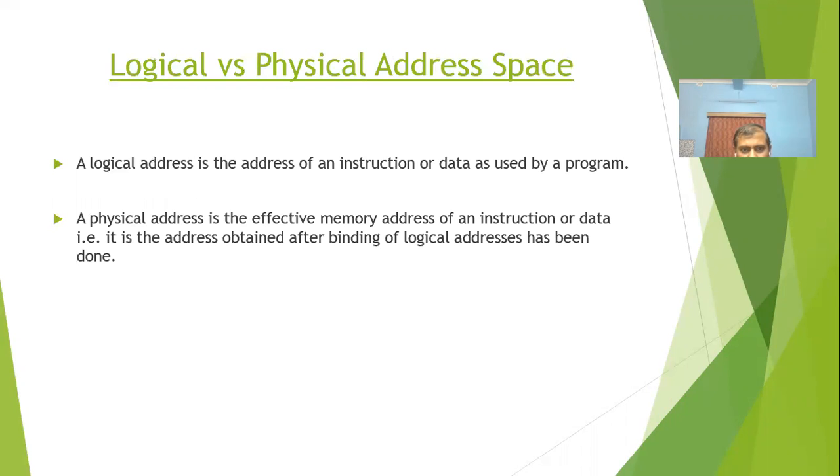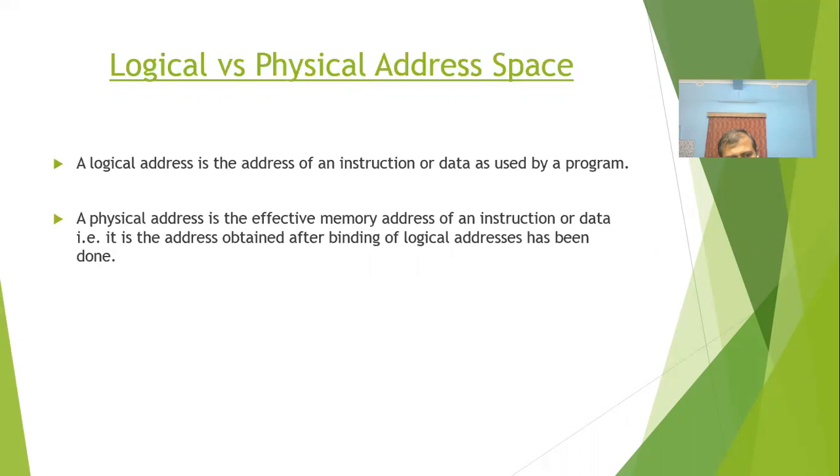Now, what is the logical and the physical address space? Basically, a logical address is the address of an instruction or data as used by a program. So the set of address spaces used by the program is a logical address space. And what is the physical address?